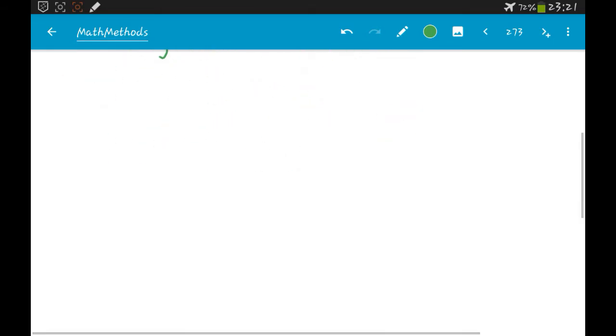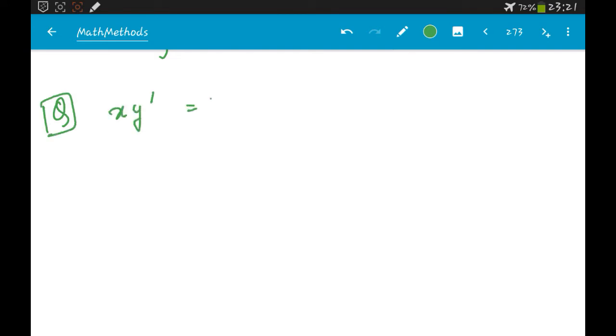So now let us solve a problem. We want to solve x y dash is equal to y plus 1. Whenever I write y dash, it means the differentiation of y with respect to the other variable, in this case x. So this is nothing but x dy by dx is equal to y plus 1.